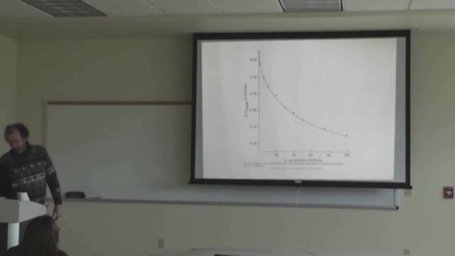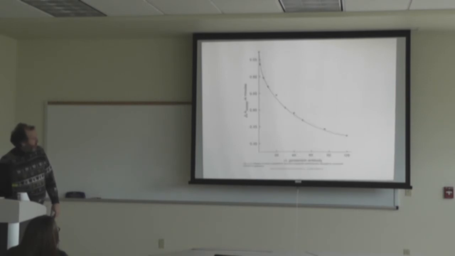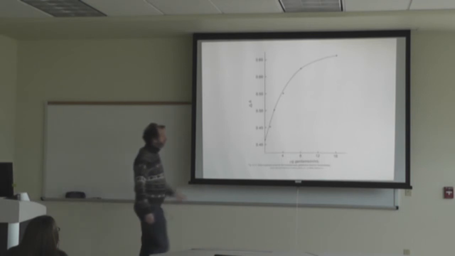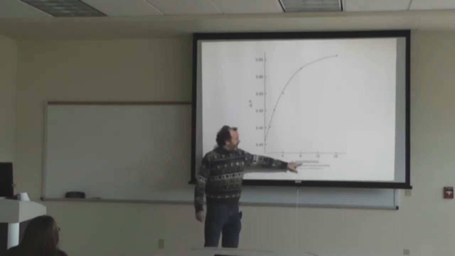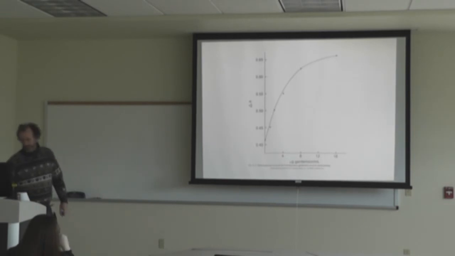So this is the dose response curve for the homogeneous gentamicin enzyme immunoassay. So this is the EMIT assay. So as you increase the amount of free gentamicin, it increases the activity.